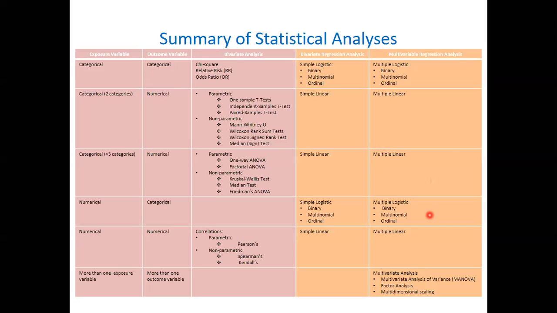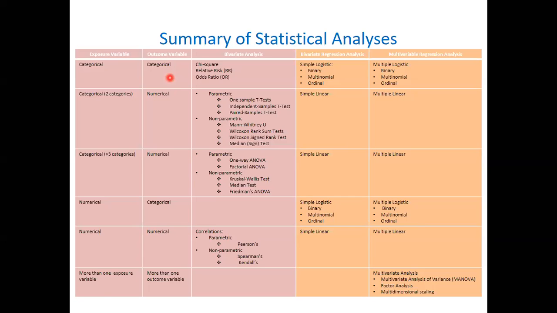What I did for the first 2 weeks was to talk about categorical variables. When you are looking at association between 2 categorical variables, look at this first row. When you want to look at the relationship between 2 variables, one must be the exposure and one must be the outcome.